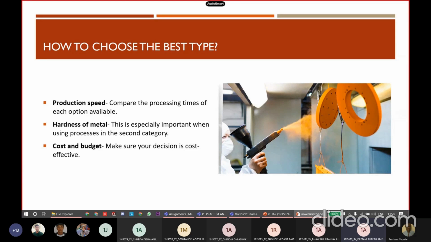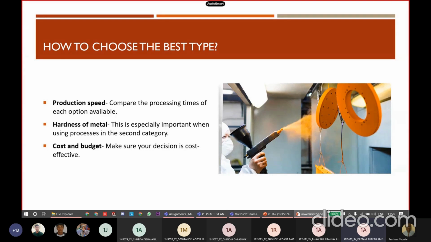The last is cost and budget. Of course, there could be processes that may seem the best option for your specific application. Say you consider the production speed and the hardness of the metal, and come up with a process which is actually very costly.